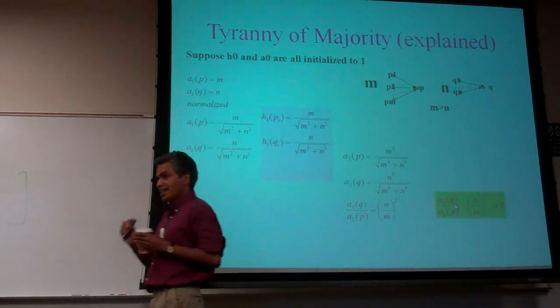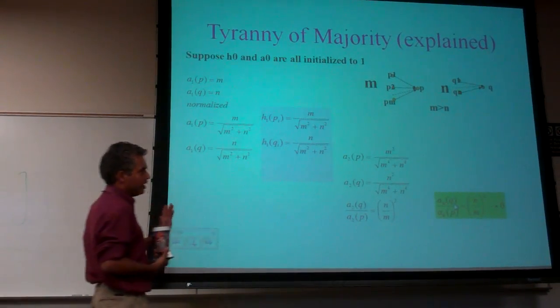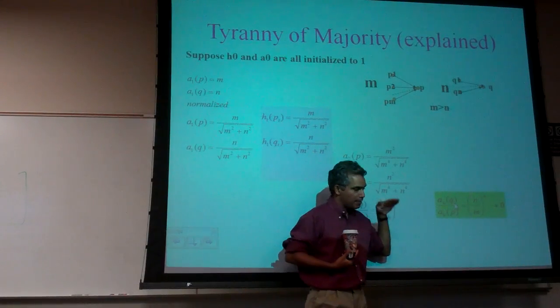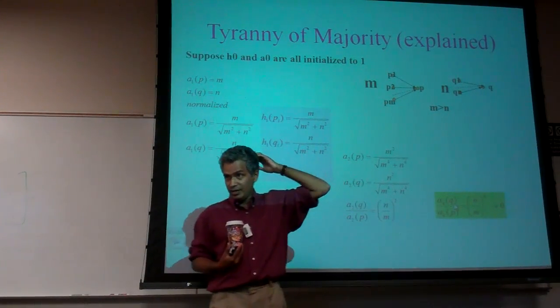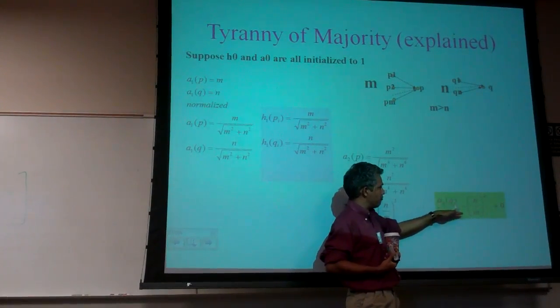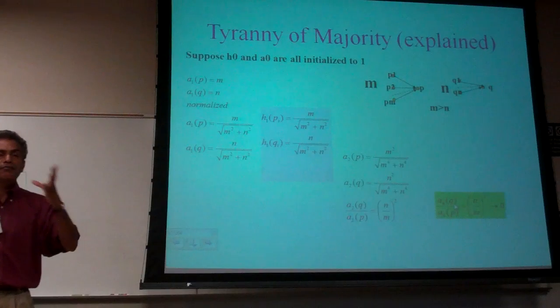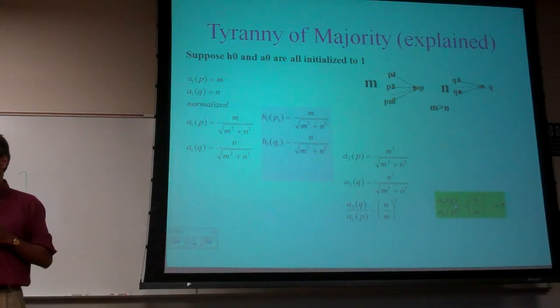Once it's less than 1, if you exponentiate it, it becomes 0. So by the fixed point, as the number of iterations tends to infinity, it has to be the case that the authority of Q by the authority of P is 0. That means Q has 0 authority relative to P.